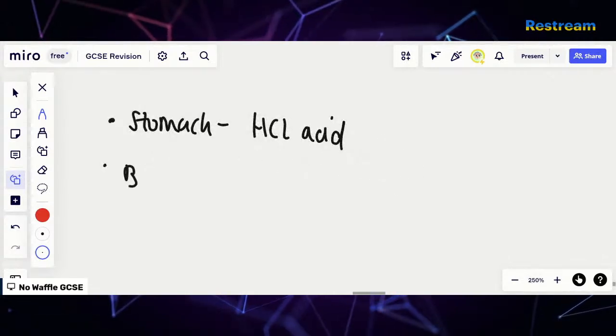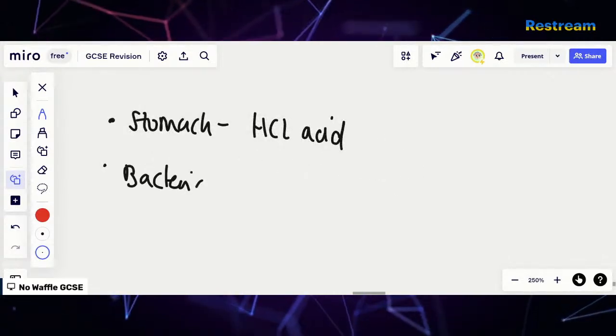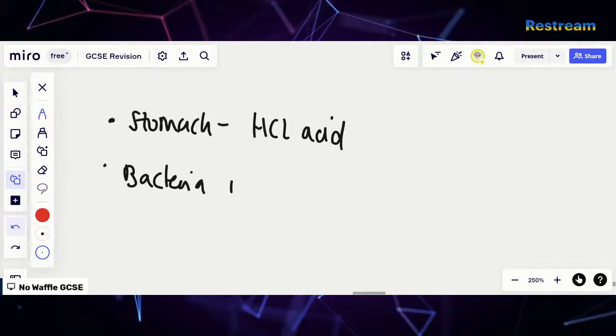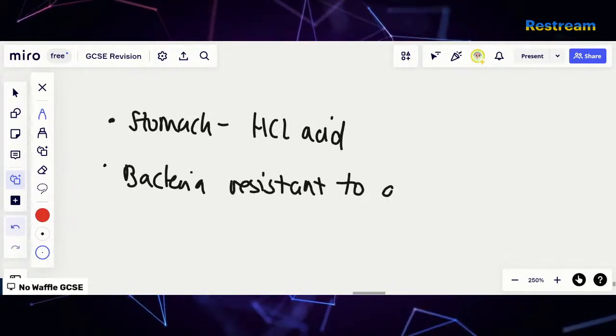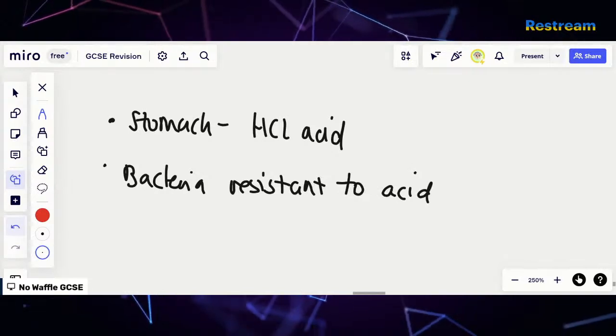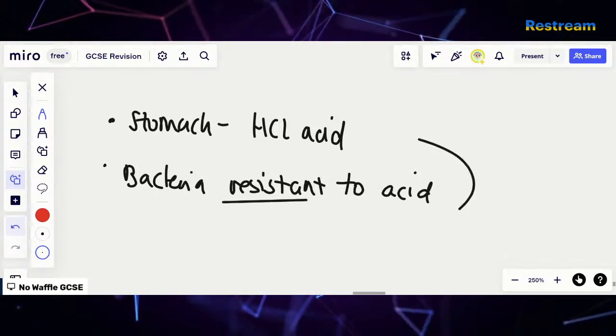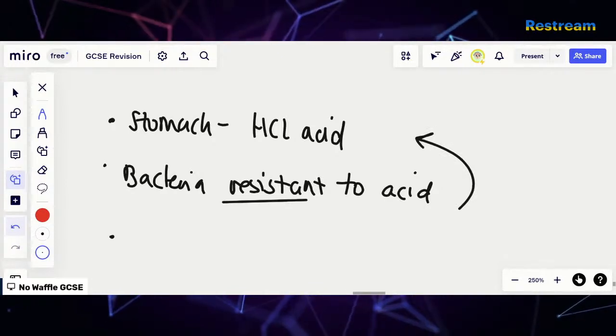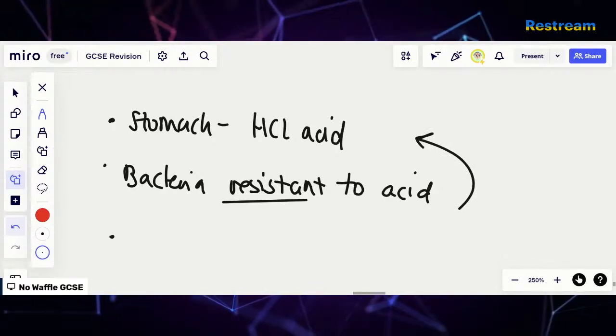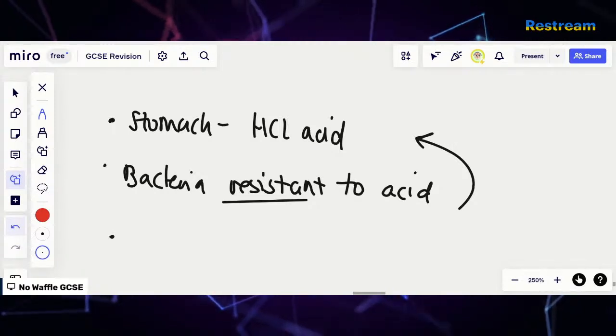Now we're told that this special bacteria is resistant to this acid. Therefore, if we know that it's resistant to the acid, we then know that hydrochloric acid could then cause an ulcer.